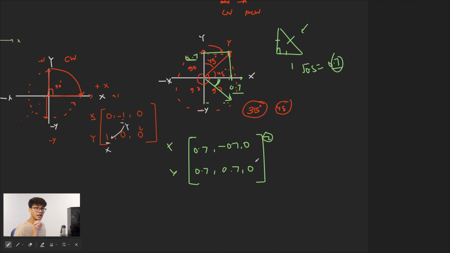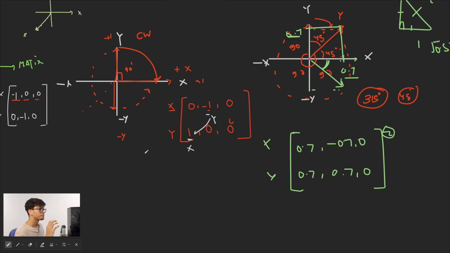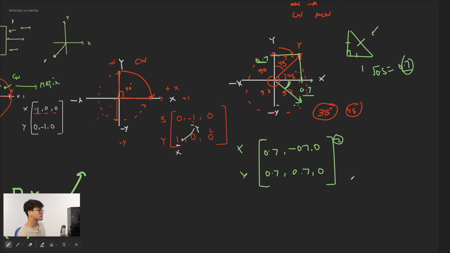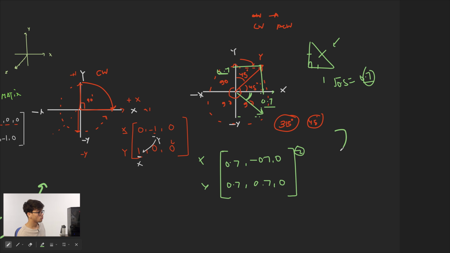So you understand now how this matrix can have direction, can have scale, and can have rotation. Direction and scale I already talked about, and today I talked about rotation. But here is the catch. Matrix doesn't care which path you took to reach that direction.